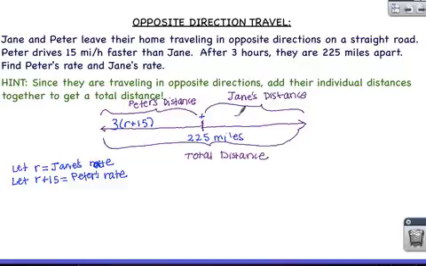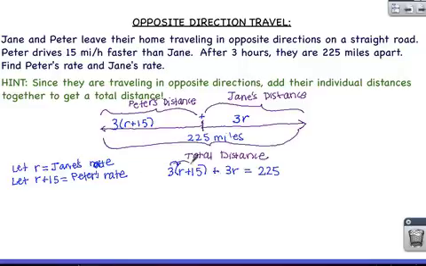She travels for 3 hours at a rate of r, according to how we defined our variables. So in setting up our equation, we can say that 3 times the quantity r plus 15, which is Peter's distance, plus 3r, which is Jane's distance, is going to equal the total distance of 225 miles.